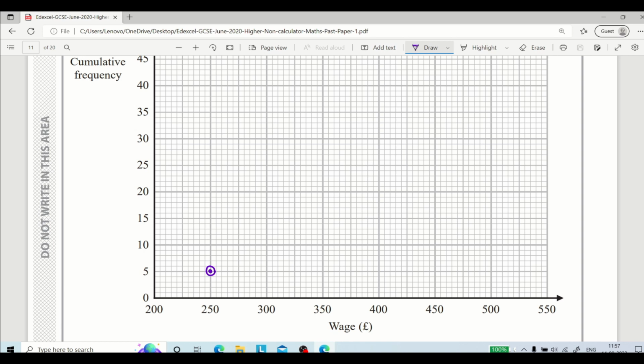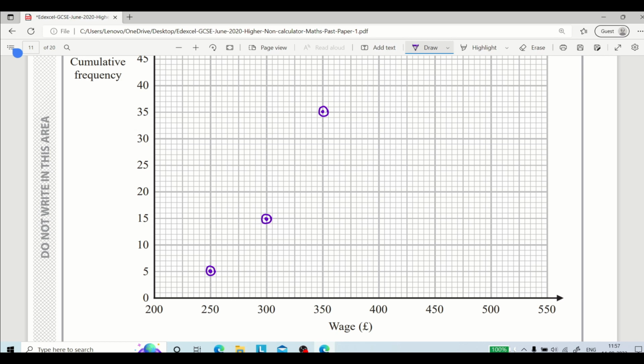I believe it is going to be 315. Yes, 315. And we are going to have 350 and 35.